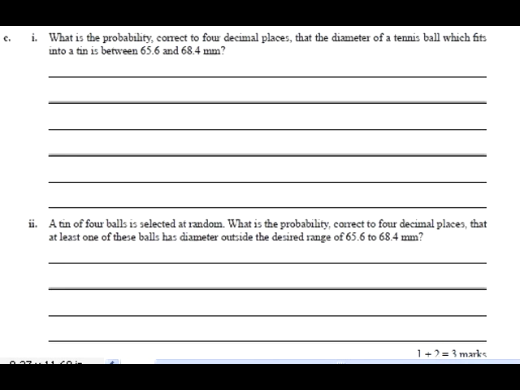Great. So look at the distribution that you've been given. X is distributed binomially, with 4 goes.